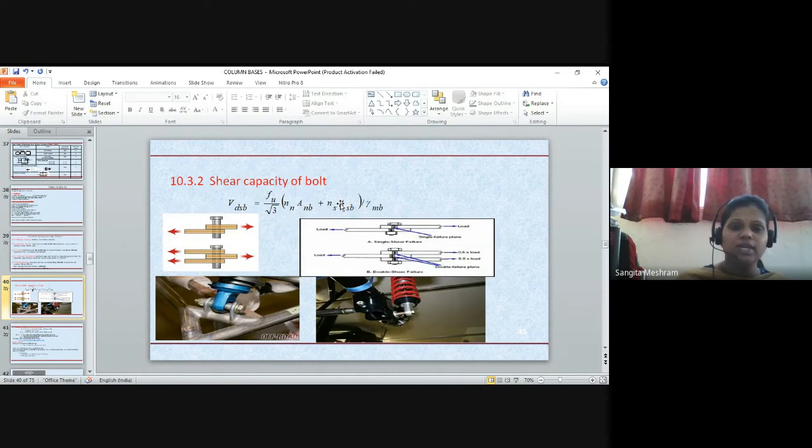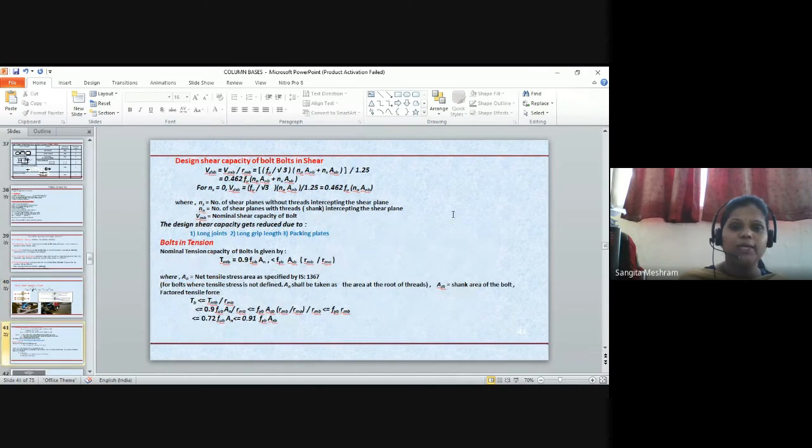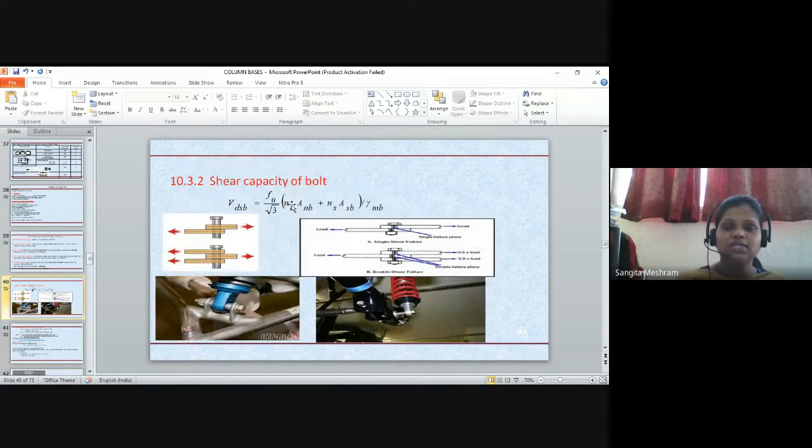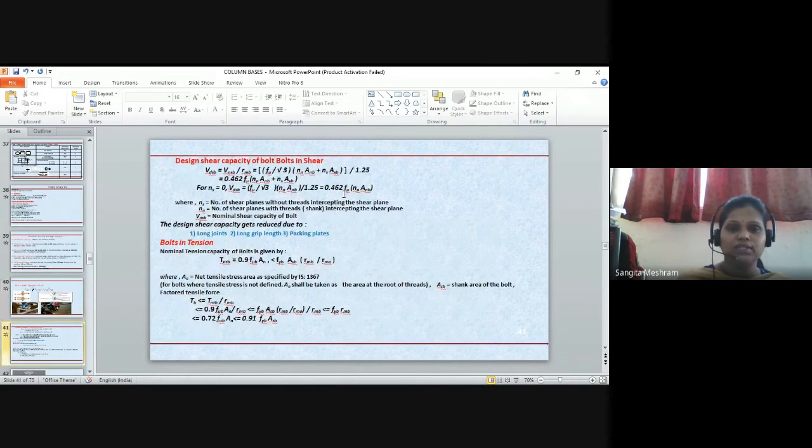It is given by fu upon root 3 into (nn Anb plus ns Asb) upon gamma mb. The most important factors are nn and ns. What is ns? Number of shear planes without threads, and nn is the number of shear planes with threads.